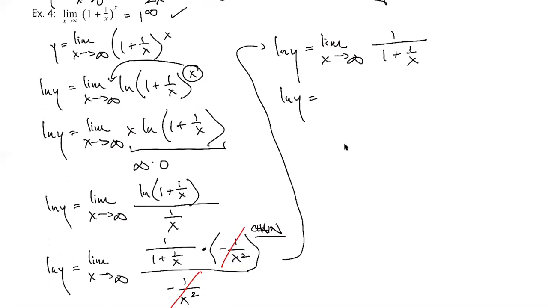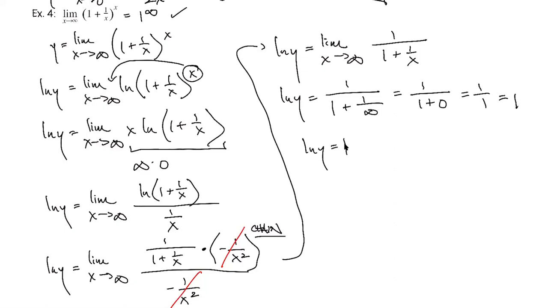If I plug in infinity, I'm going to get 1 over 1 plus 1 over infinity, which is 1 over 1 plus 0, which is 1 over 1, which is 1. So really, we have natural log of y equals 1.